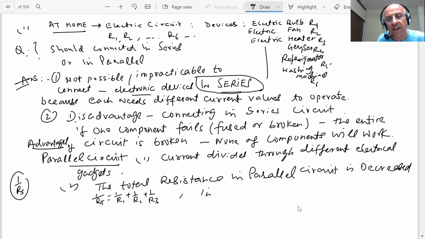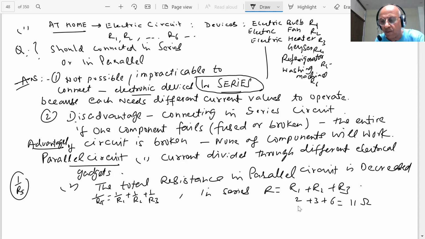Whereas in series, what happens, student? R is equal to R1 plus R2 plus R3. So the resistance becomes high. If I have 2 ohm, 3 ohm, and 6 ohm, 2 plus 3 plus 6 becomes 11 ohms.